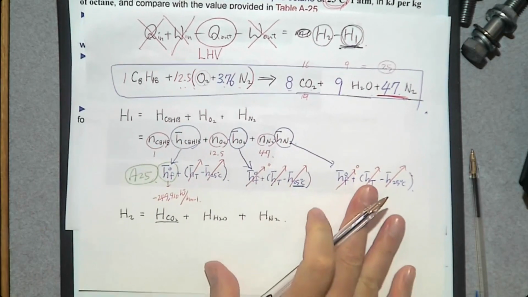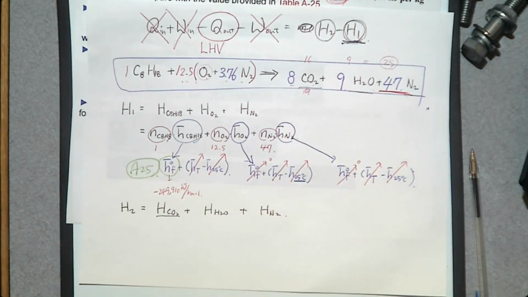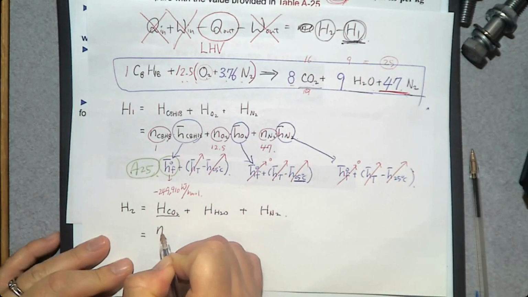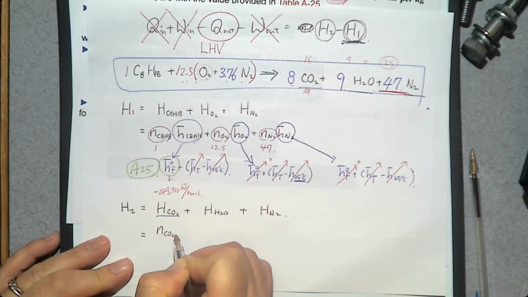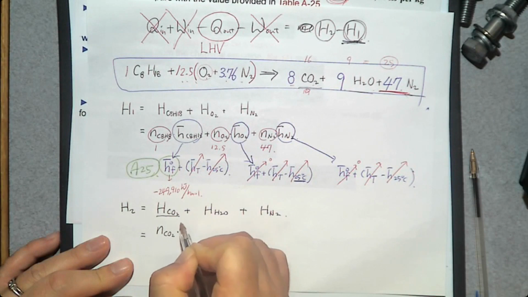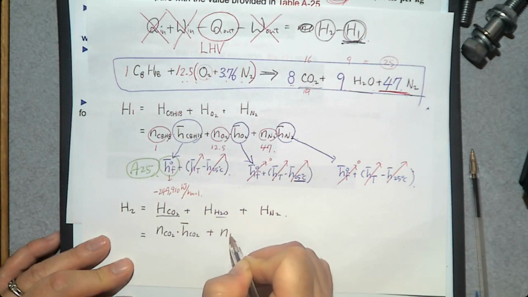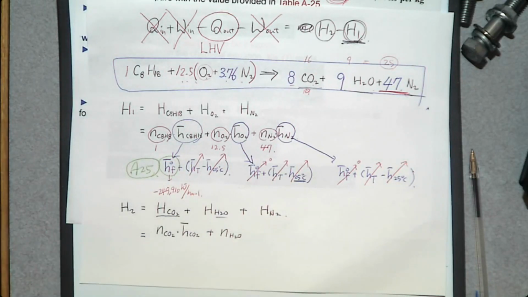The same thing: N of carbon dioxide times H bar of carbon dioxide, plus N of water times H bar of water. But what kind of water?